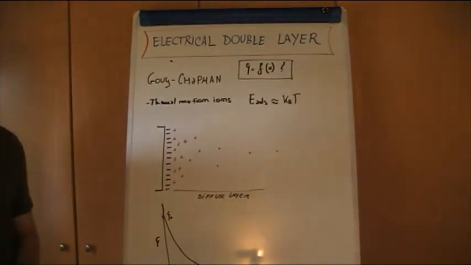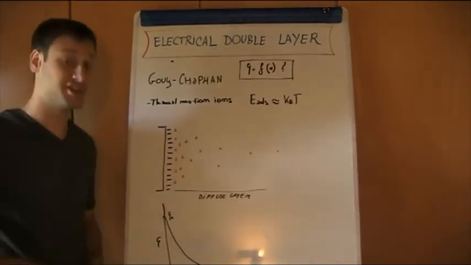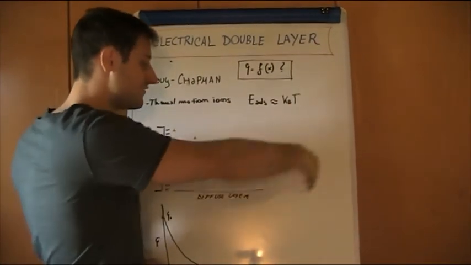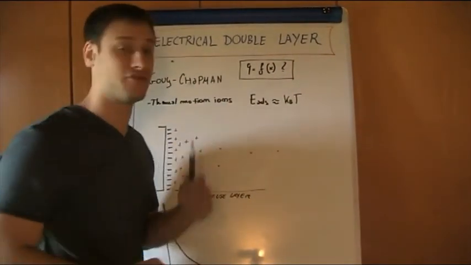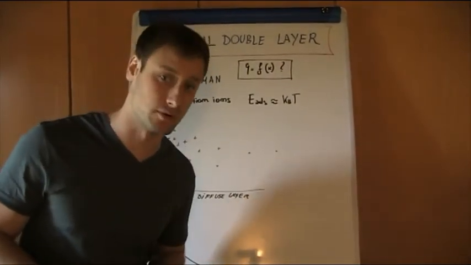We have a diffuse profile. We can see that the electric field is not totally localized here, but we have the presence of charge even at a really far distance, even if obviously the concentration will be really small.